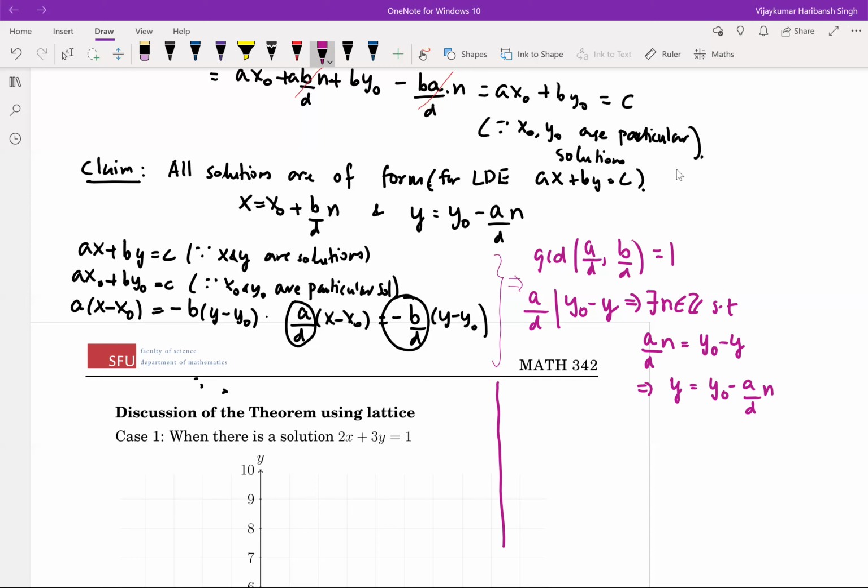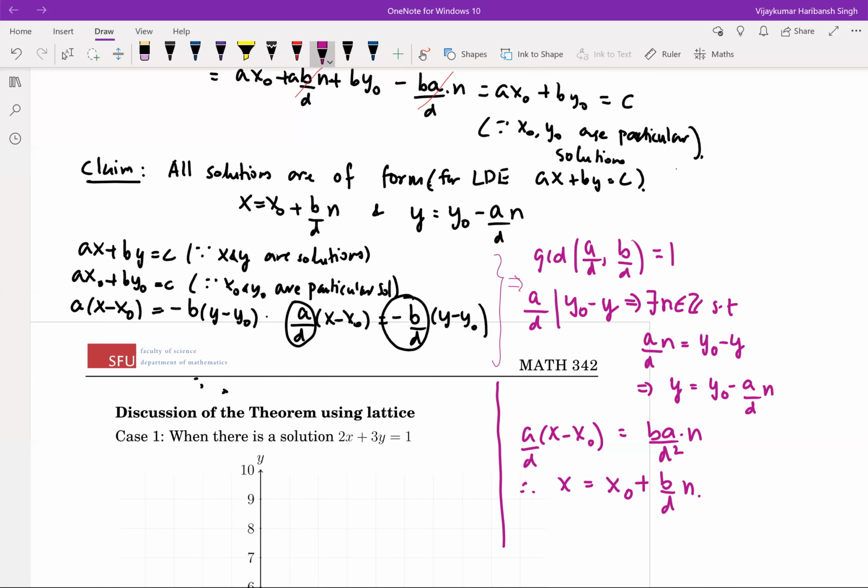You will get a times x minus x naught equals b times a divided by d times n, and you divide, so you get d squared by d, and then when you bring it to the other side and cancel out a by d from both sides, you get x equals x naught plus b by d times n.